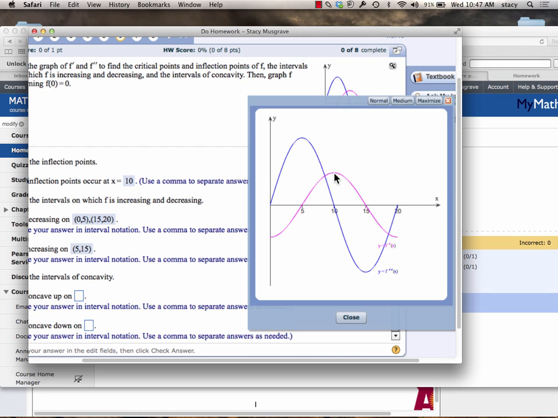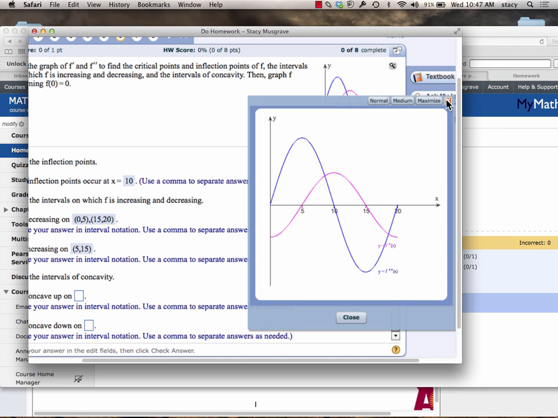Less steep, but still positive. Okay, and for concave down, likewise, the second derivative is negative when it's below the x-axis, and correspondingly, the first derivative is decreasing, right?